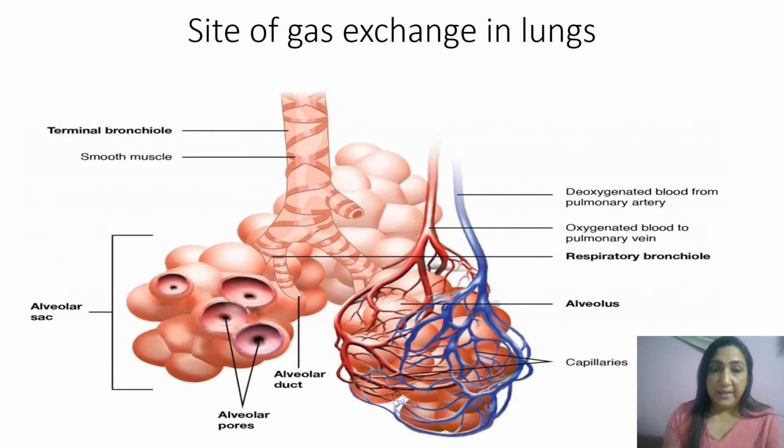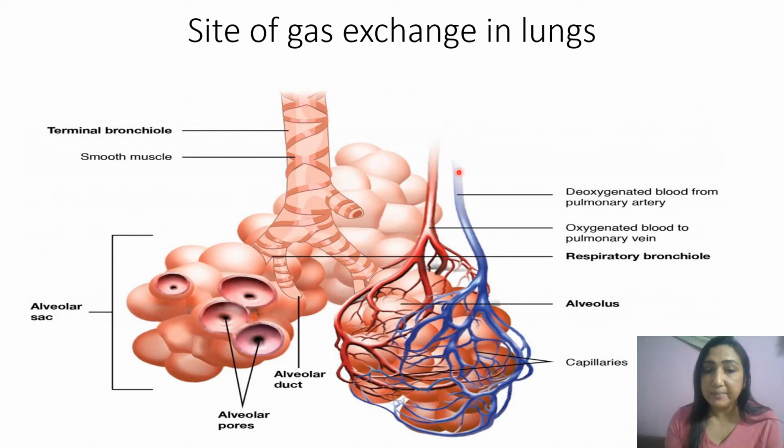Now we are going to learn about the site of pulmonary gas exchange, where it happens. We know that there are 300 million alveoli present in both the lungs. These alveoli are surrounded by a special type of circulatory blood, and the alveolar membranes are thin enough to diffuse oxygen and carbon dioxide.